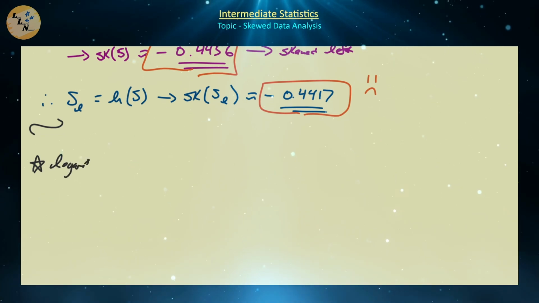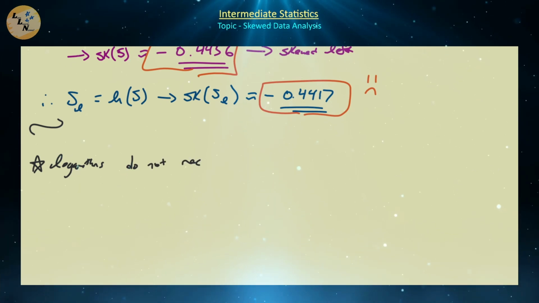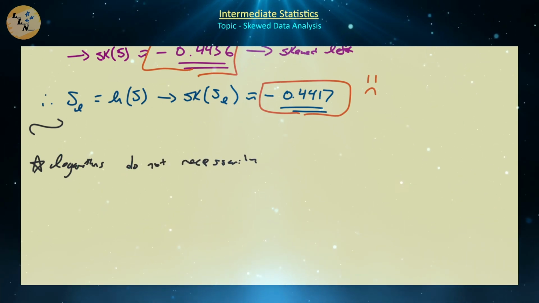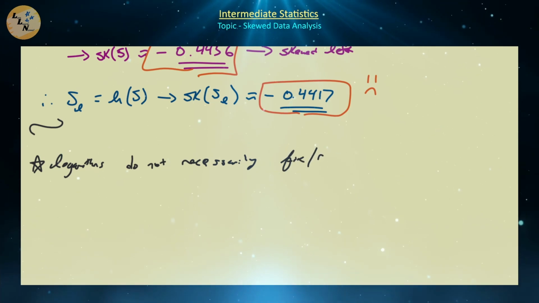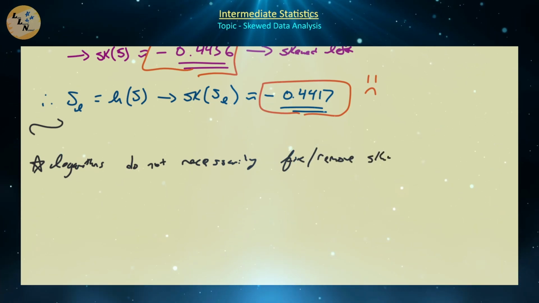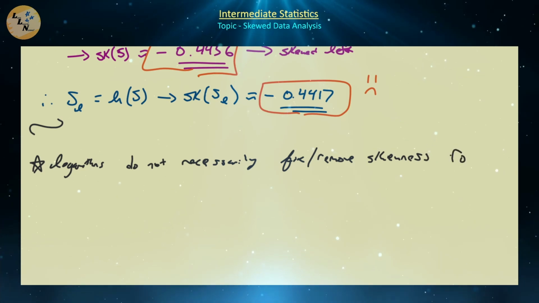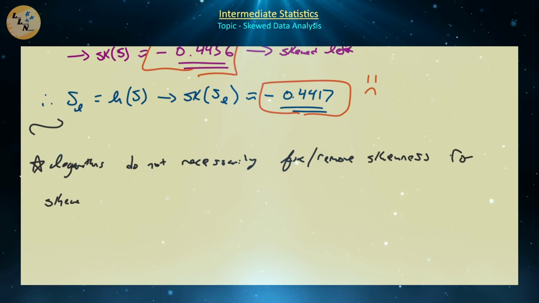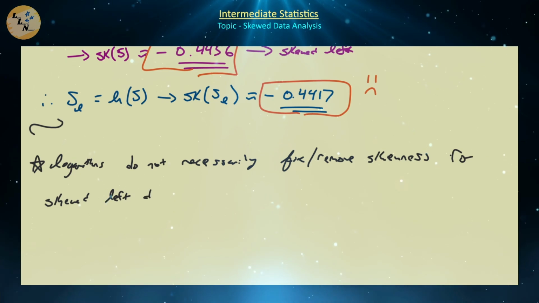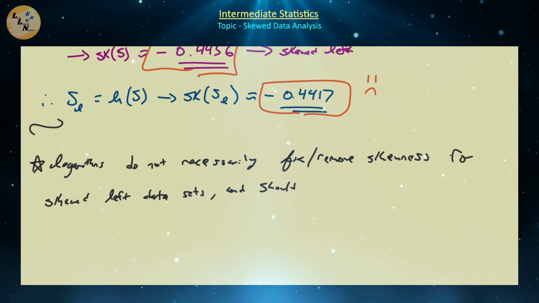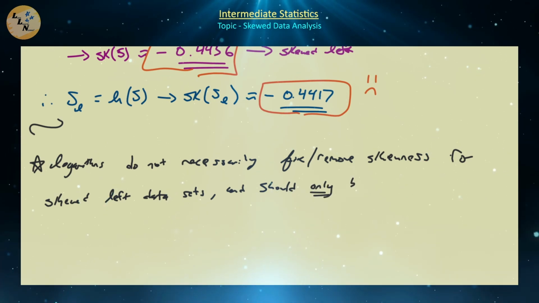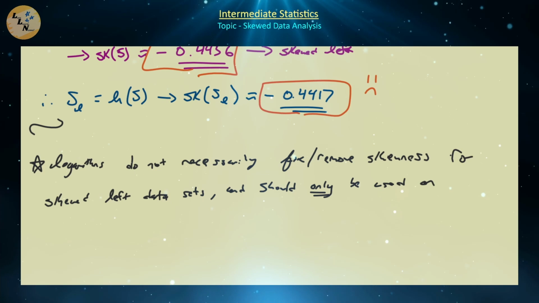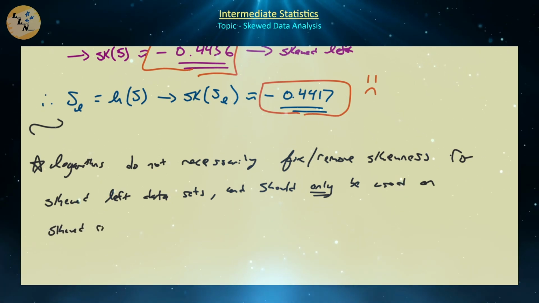So logarithms do not necessarily fix or remove skewness for skewed left data sets and should only be used on skewed right data sets.